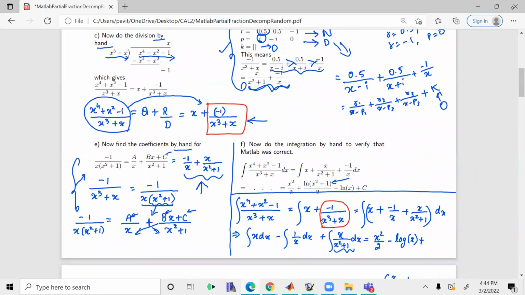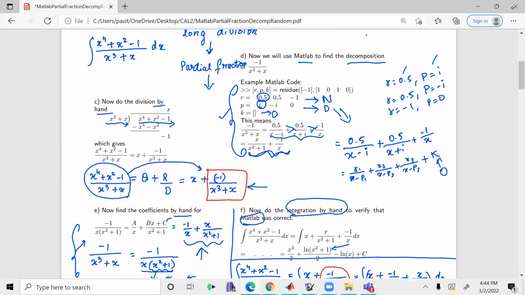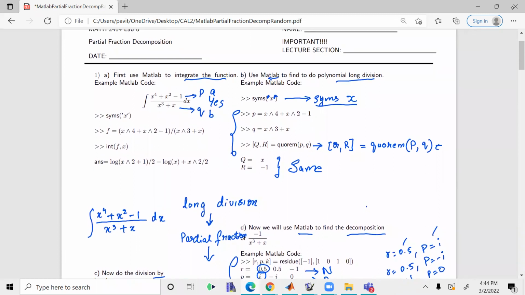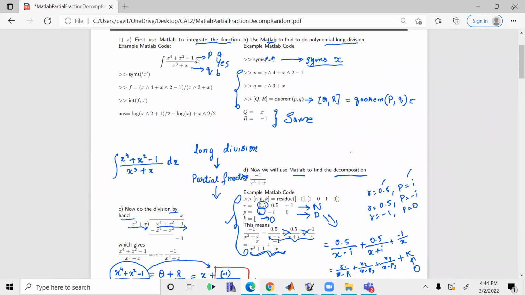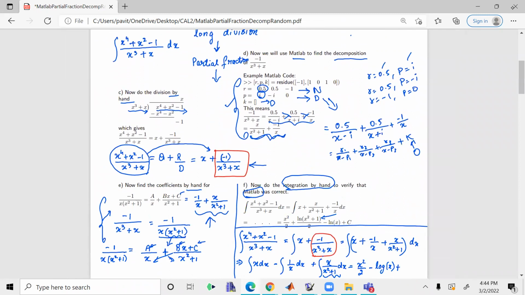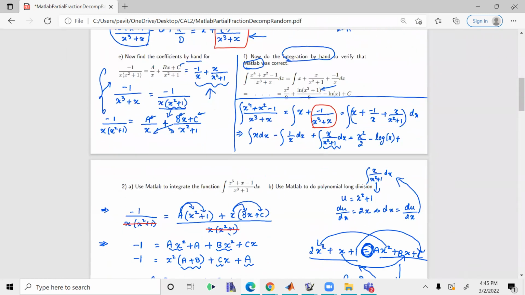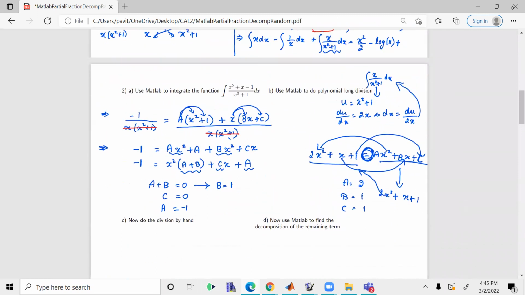And then finally, you will integrate by hand to verify the MATLAB answer. So this is what you're going to do in lab 6. I know it is too lengthy, but you just have 3 problems, so you don't have to worry. Example 1 is already done. All you have to concentrate on is problems 2 and 3.